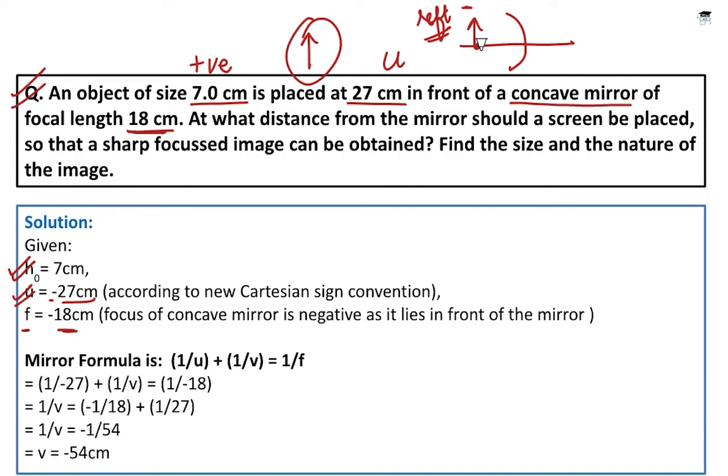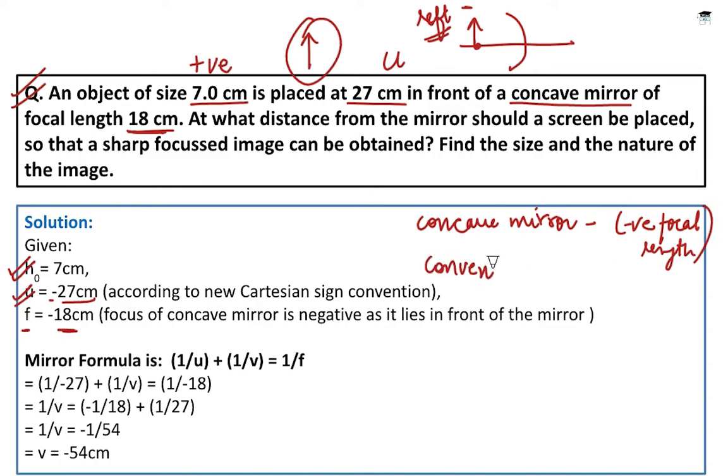So a concave mirror always has a negative focal length. In a convex mirror, remember this is very important, a convex mirror always has a positive focal length.